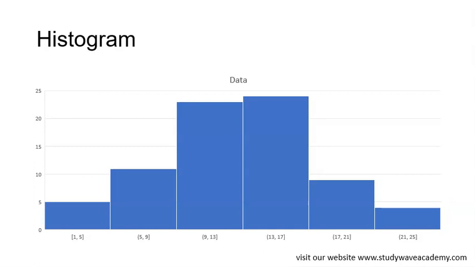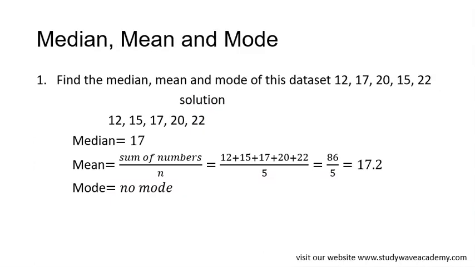So now we're going to be looking at mean, median, and mode, okay? Are we ready? Median is the middle value of a data set when it's arranged in ascending order, okay? And mean is the average, the sum of all values divided by the number of values.